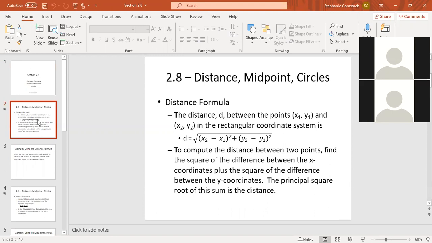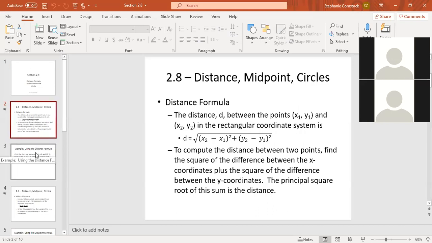The distance formula is you're going to have 2 points, an x1, y1, and an x2, y2. You subtract your x's and square that quantity, and then subtract your y's and square that quantity as well. You combine those with addition, and then you square root that.